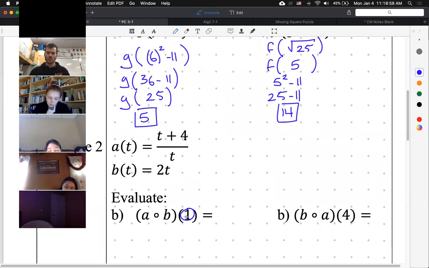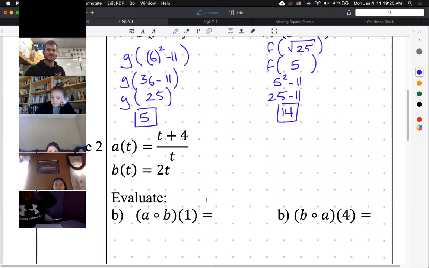So this 1, which function does this go to first? Another quiet raised hand, please. Does 1 go into A or does it go into B? It's one or the other. You got a 50-50 shot. B. Is that Emily?